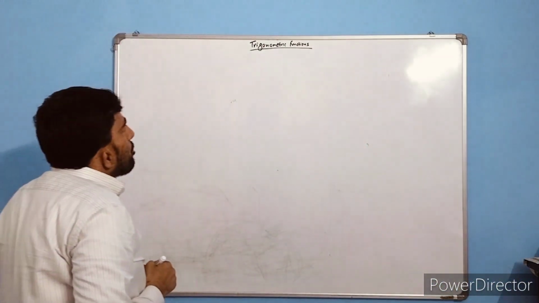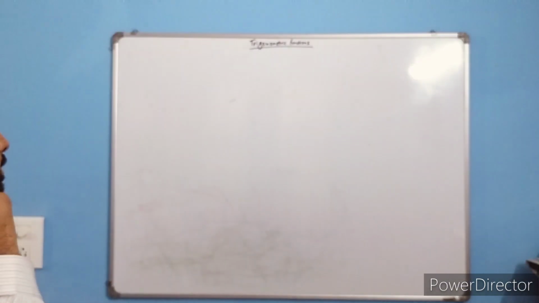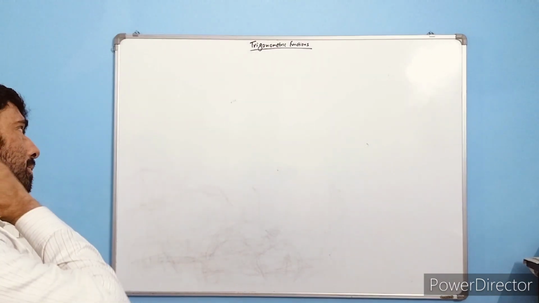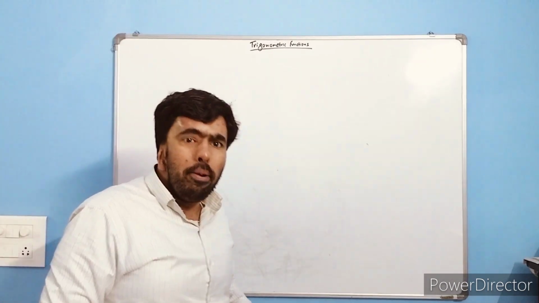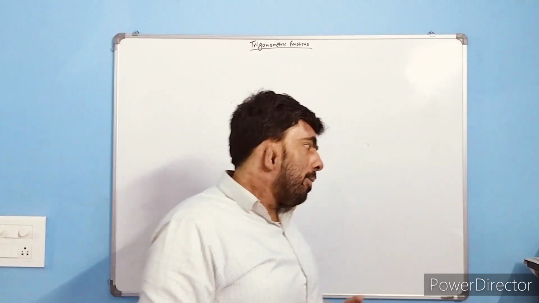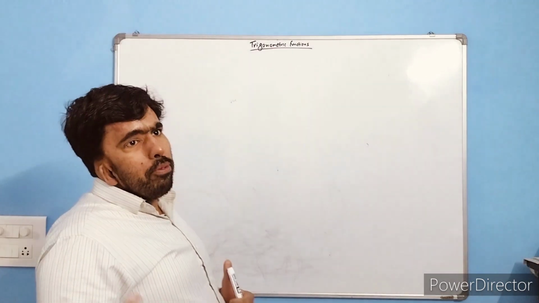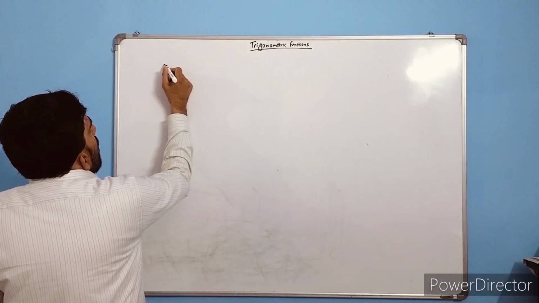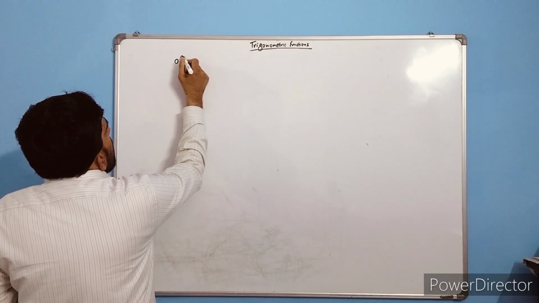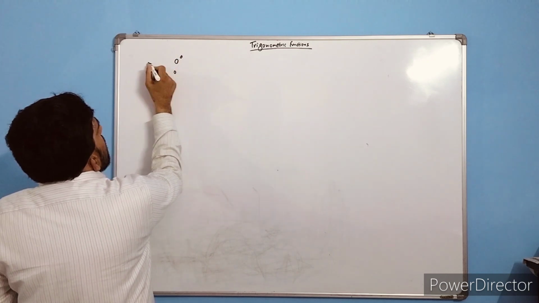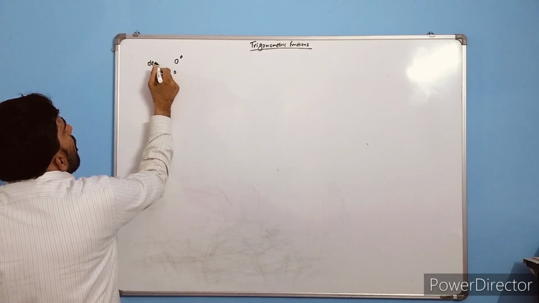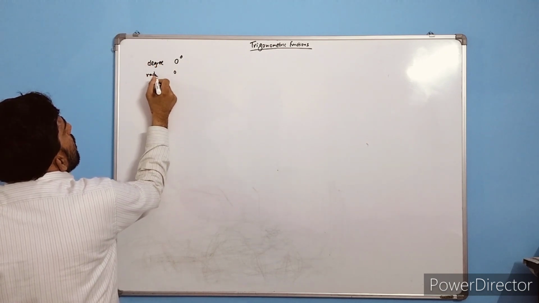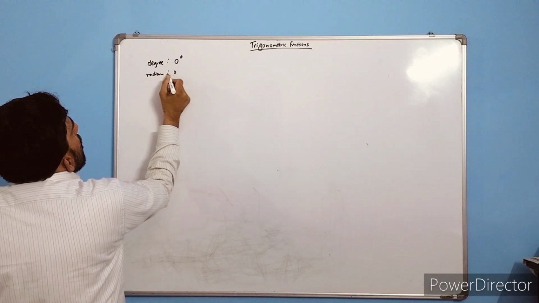Okay, now the next thing: we will have a lot of formulas related to finding the value. Now we can easily identify that when we write 0 degree it means 0 in radian.